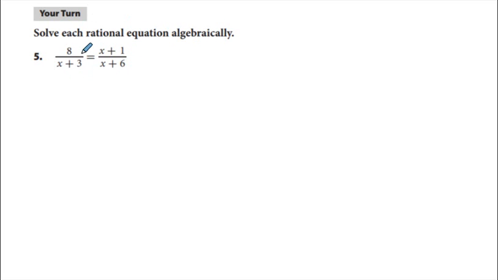Okay, so we have 8 over x plus 3 equals x plus 1 over x plus 6. In this case, we don't need to factor either expression on either side of the equation. So our least common denominator is going to be quantity x plus 3 times quantity x plus 6. Let's go ahead and work this out.